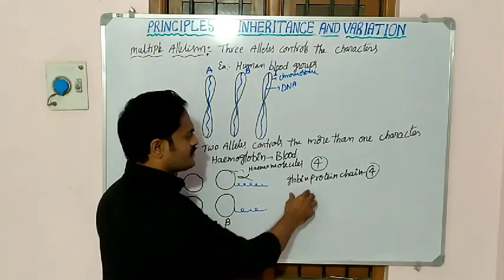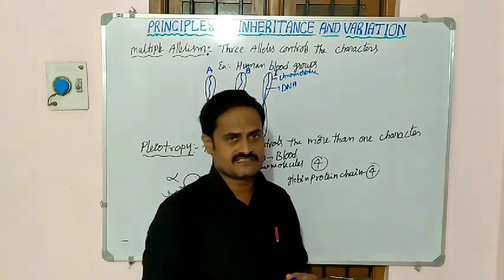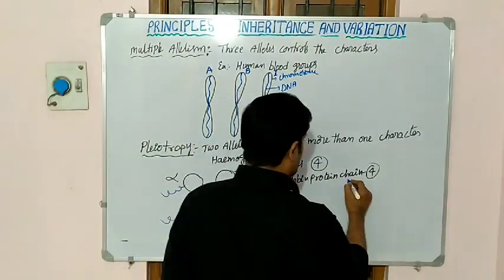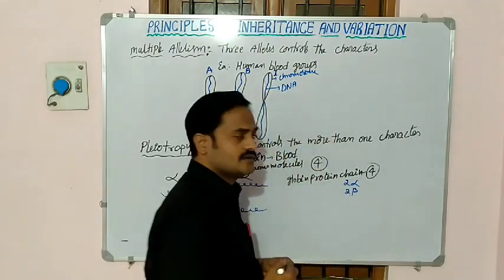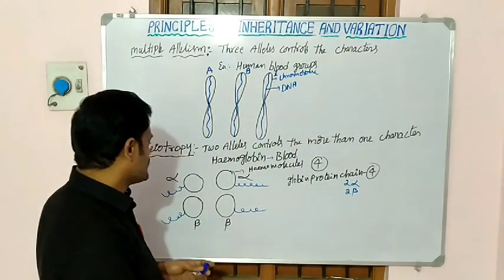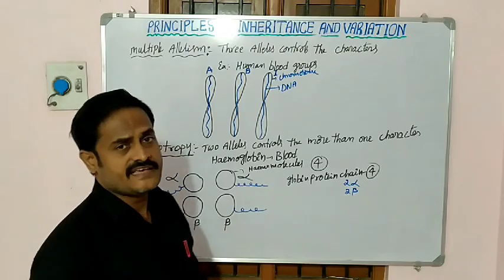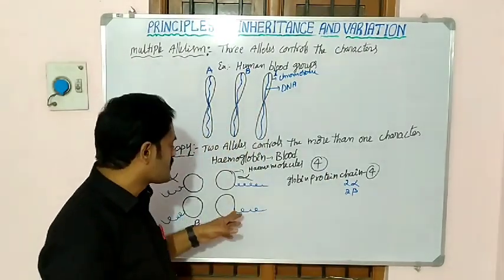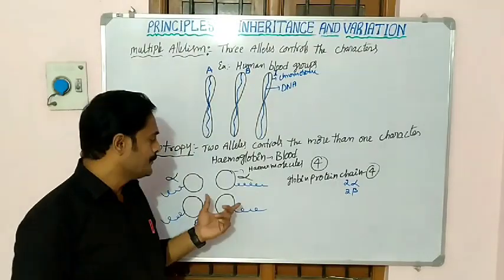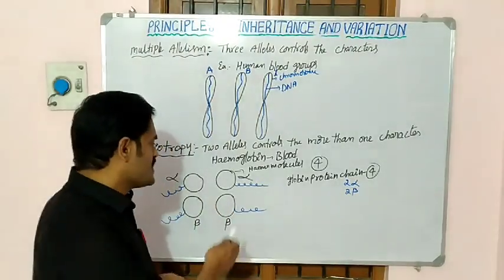So these globular proteins consist of 4 protein chains: 2 alpha and 2 beta. Okay, coming to the beta chain, here some changes, some mutations, are noticed in the beta chains.